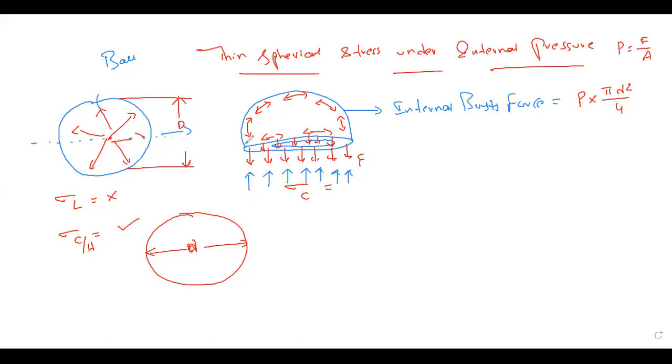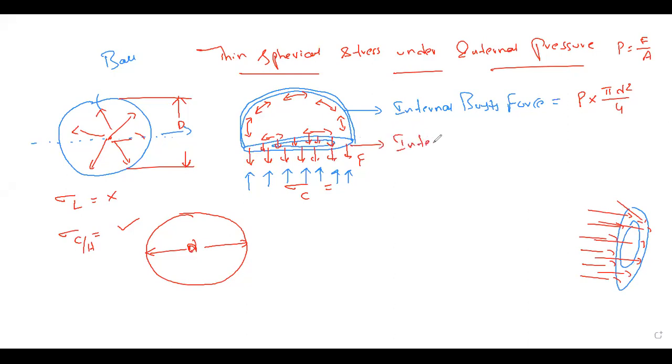Exactly. Why? Because always in a sphere, the resistance will be with respect to its circumference. So if you take the sphere section like this, the resistance will always be on its circumference. So when it is acting in the circumference, what will be your internal resisting force?